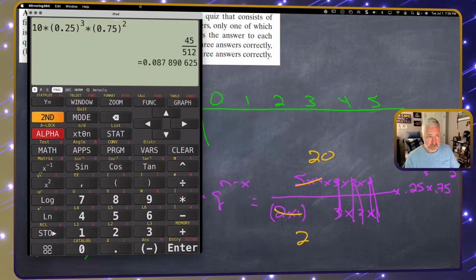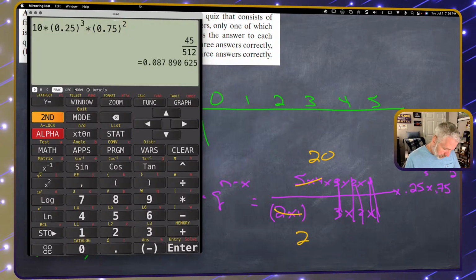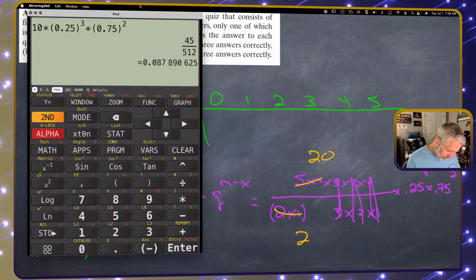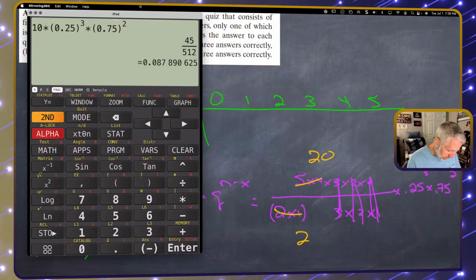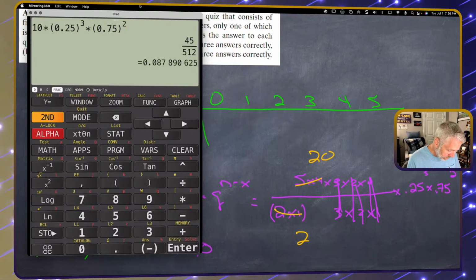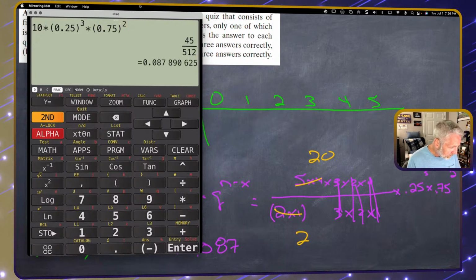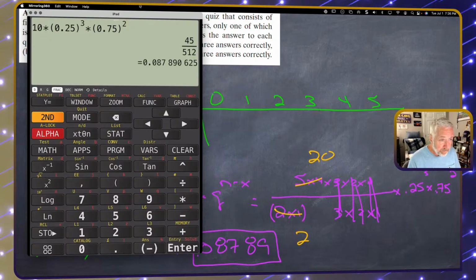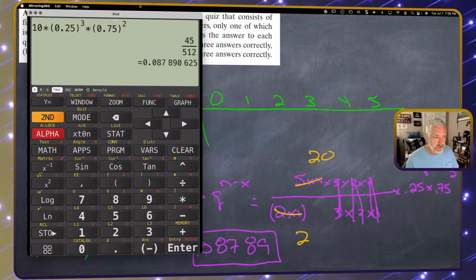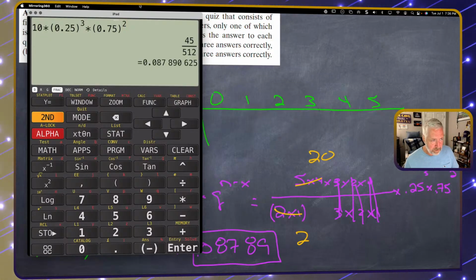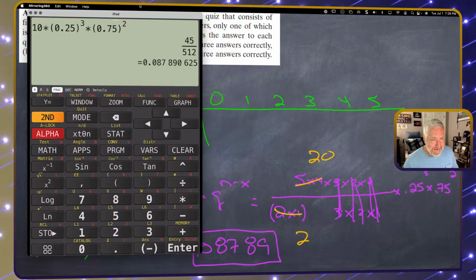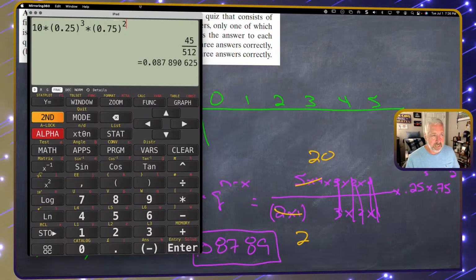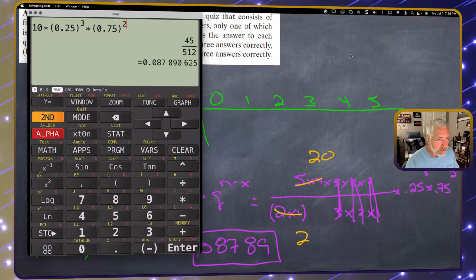I don't even have to hit enter, and there it is. So I'm looking at this as equals 0.08789. If I want to take it out that far or whatever, I will. So 0.08789.